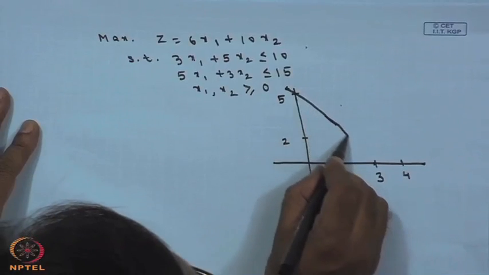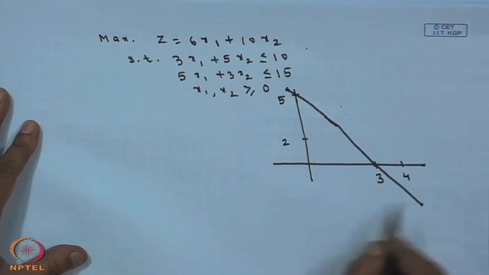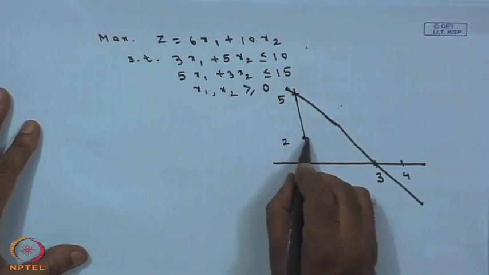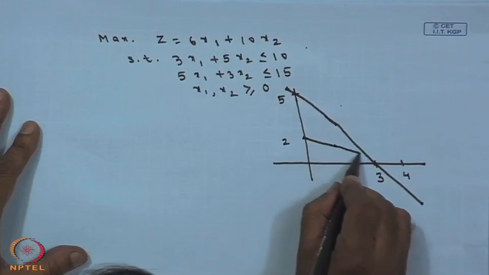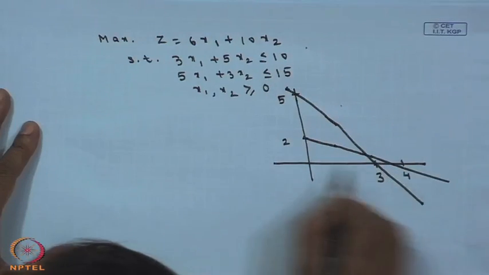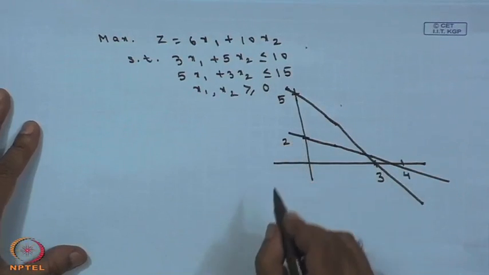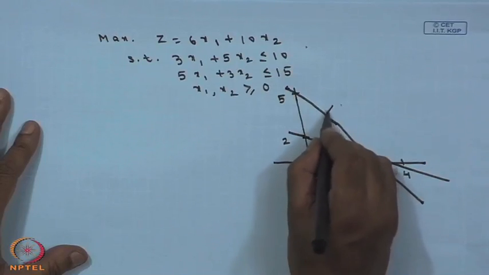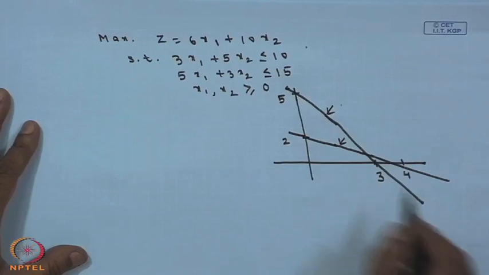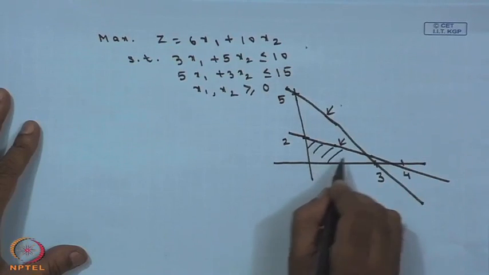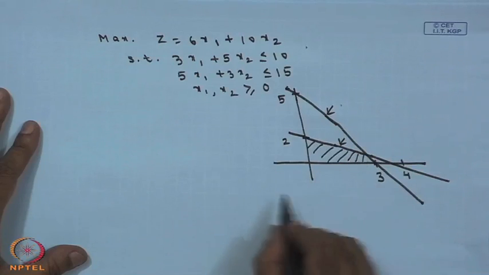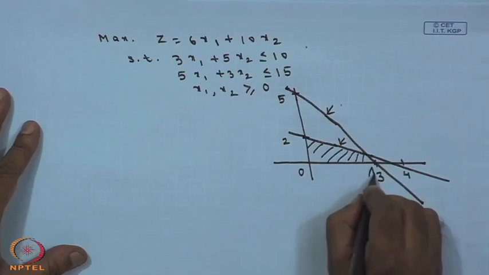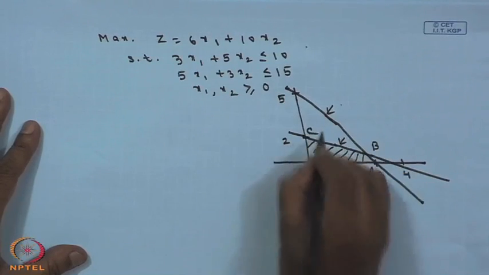There will be a line like this between 5 and 3, and a line between 2 and some point between 2 and 3/4, and both are less than or equal to. So, this side and this side, and your feasible region is this one. So, here you have O, A, B and C.